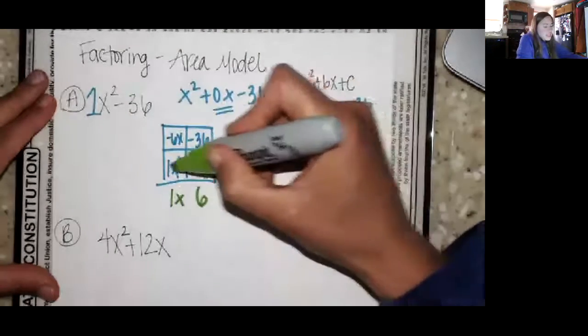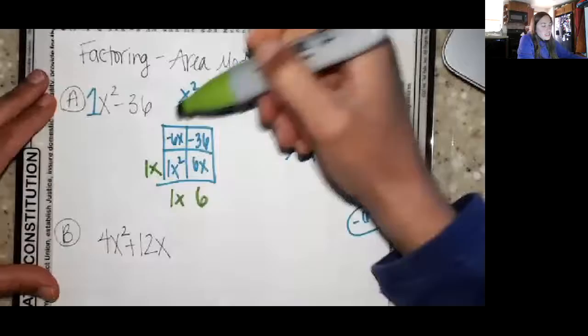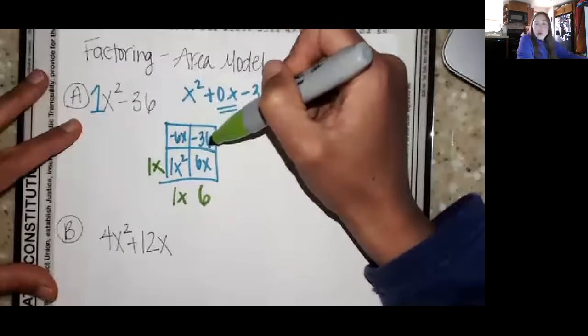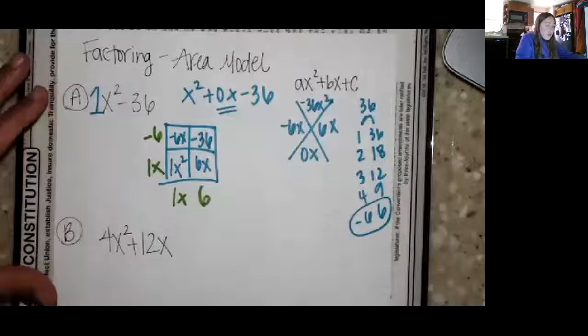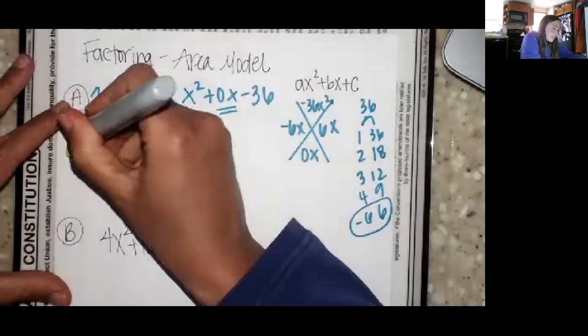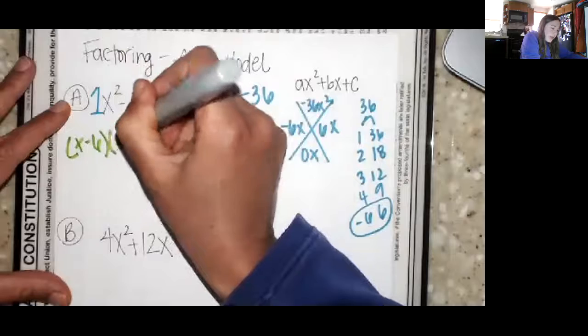And then greatest common factor for this row would be, again, 1x. And greatest common factor for this row, if they're both negative, it's going to be a negative 6. So when I go ahead and factor this one, I would write x minus 6. And then I would write x plus 6 for my factors.